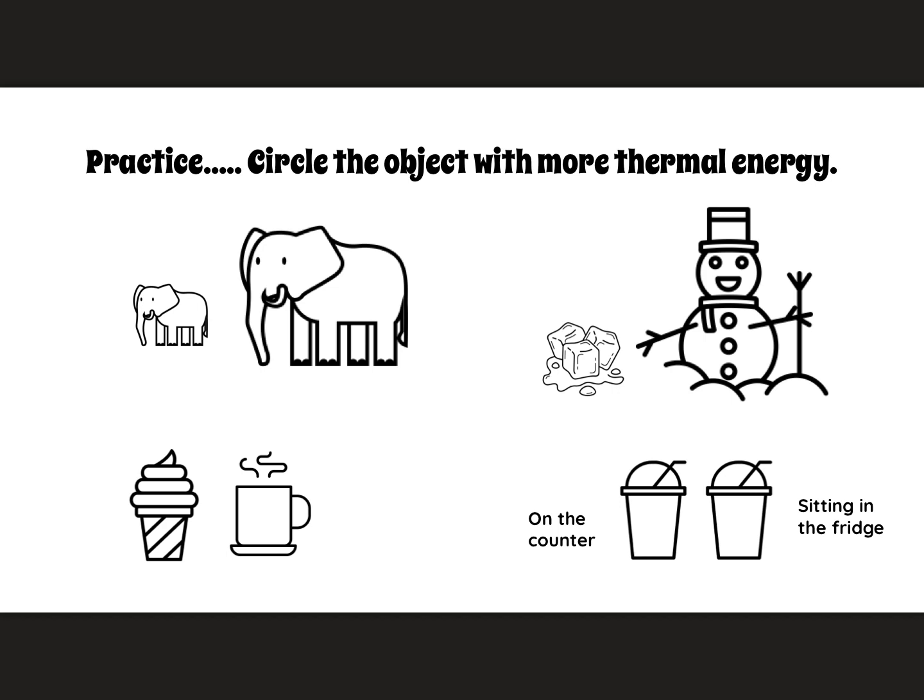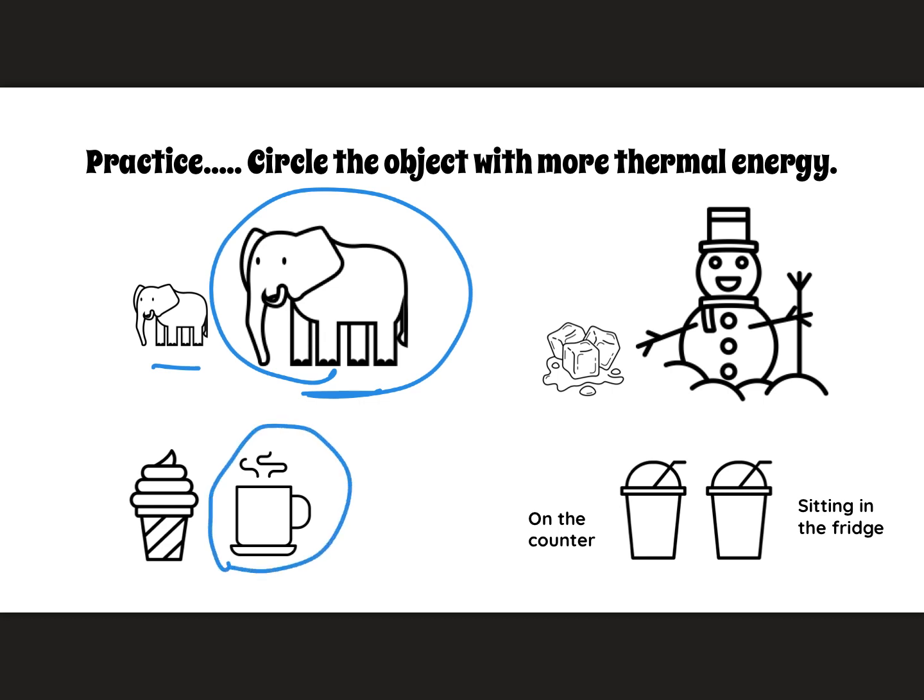Remember that the 2 factors of thermal energy are mass and temperature. So when you are looking at 2 things that are similar, that have different masses, the one that has a greater mass will have more thermal energy. So therefore, the larger elephant will have more thermal energy than the smaller elephant. If you are looking at things that are similar in size, but at 2 different temperatures, then the thing that is warmer, let's say the hot chocolate, will have more thermal energy.